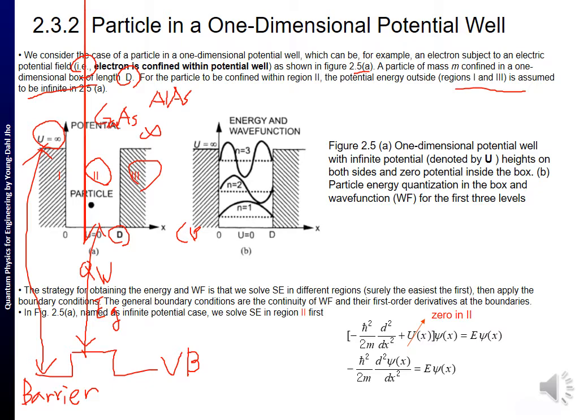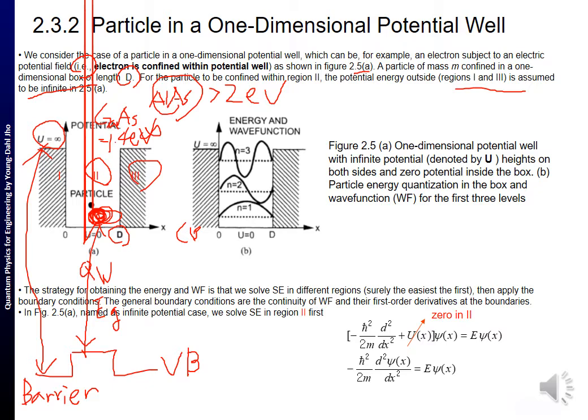Gallium arsenide has a band gap such as 1.4, aluminum arsenide band gap at least larger than 2 electron volt. Then carriers will be accumulated in the lower band gap side, gallium arsenide side.